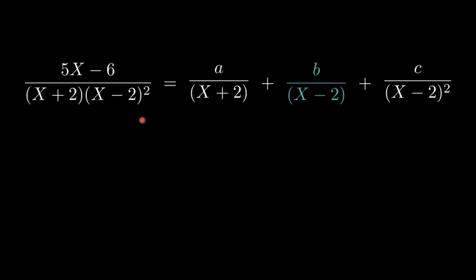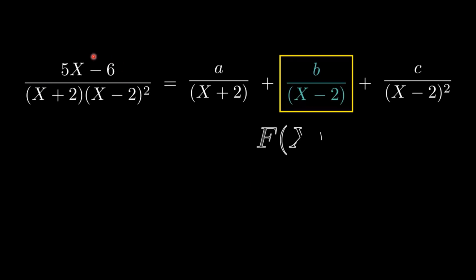Now we will find b by the second method. We will look for b. By which factor do we multiply this equality to eliminate the factor below b? Here we multiply f of x by x minus 2.